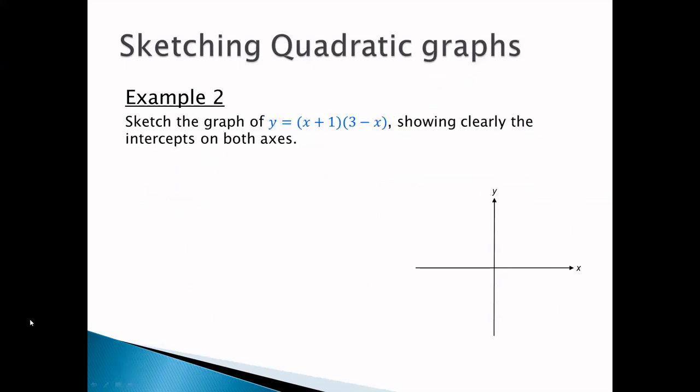Now, example 2, sketch the graph of y equals x plus 1 times 3 minus x, showing clearly the intercepts on both axes. Do you notice now that they did not ask me to complete the square? And it is in a factorized form.